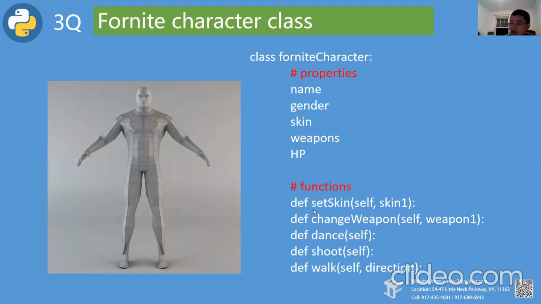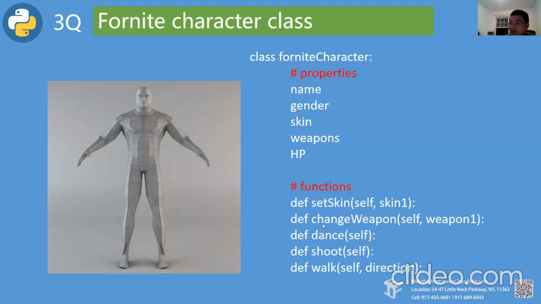For example, set skin. I know you can change the skin, so there must be a function called set skin. And I can think about a possible parameter, like skin 1 or whatever value you pass in to set the skin.